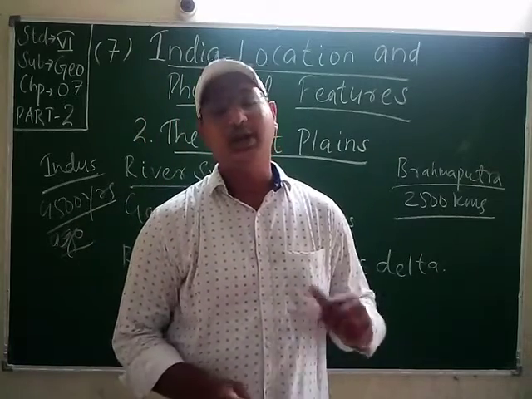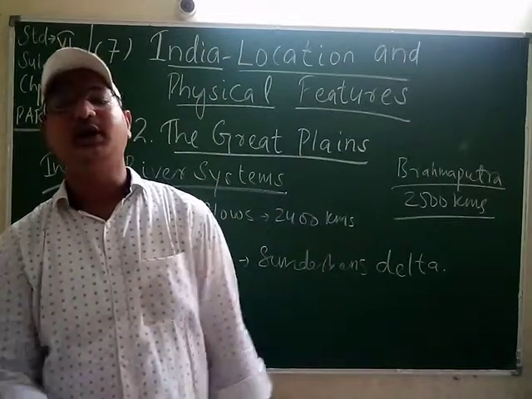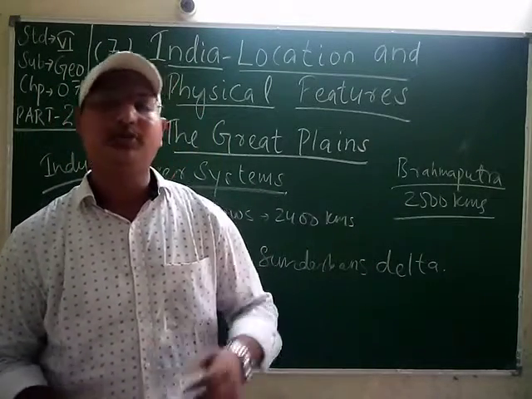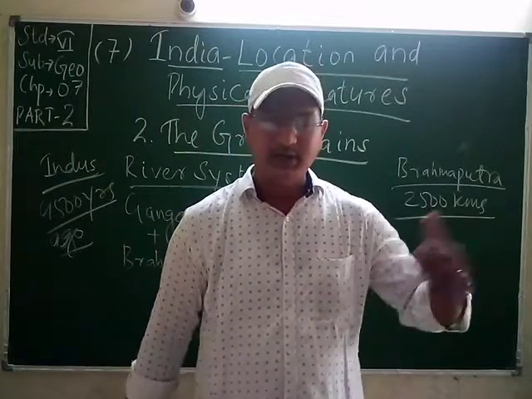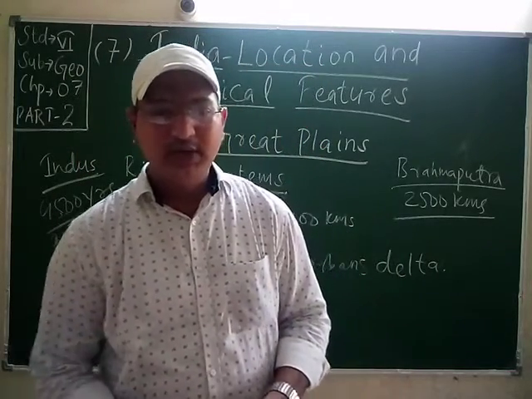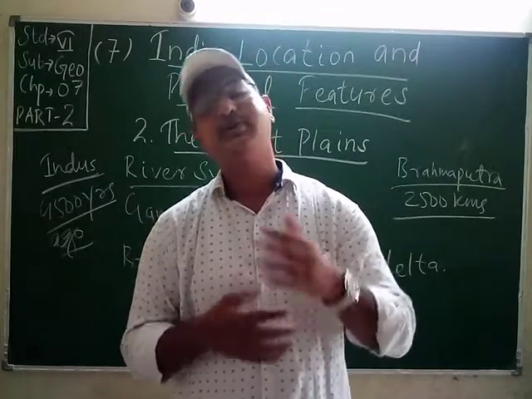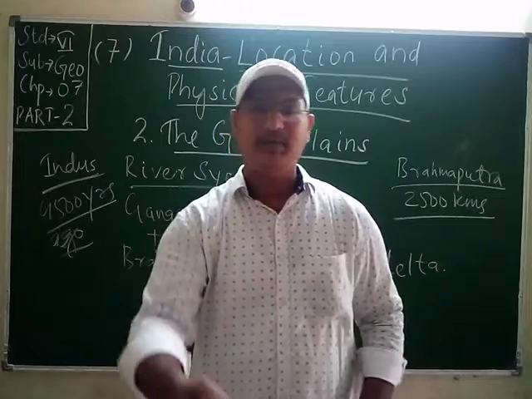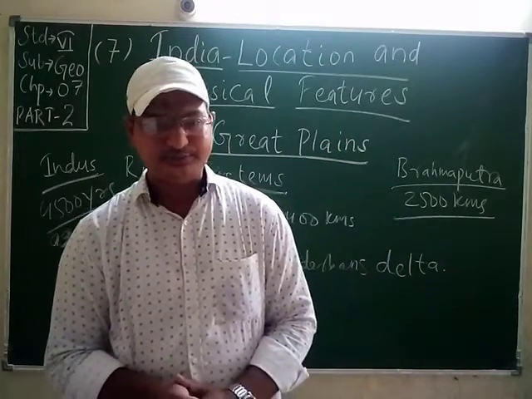Flowing close to the Indian and Nepalese borders, it takes a sharp turn in the northeastern part of India. Students, it flows through the Indo-Nepal border, but in the northeast part of our country, it enters into our country. It then gathers speed flowing through Assam before joining the Ganga. It enters into Assam and it joins Ganga in Bangladesh, that I have told you, near Dhaka in Bangladesh.